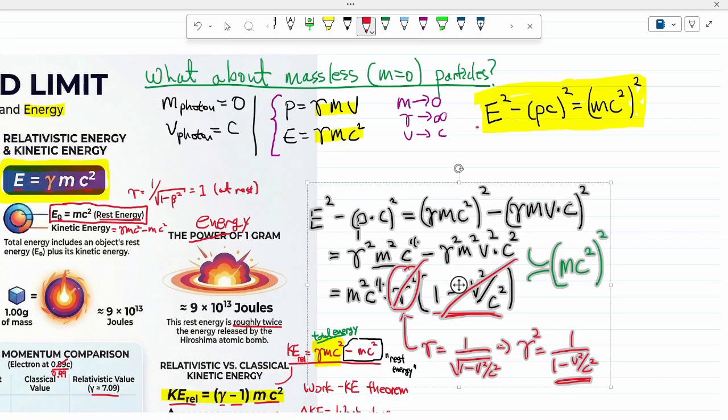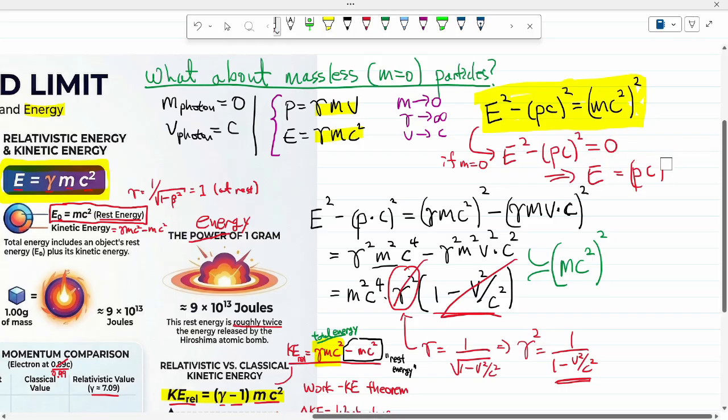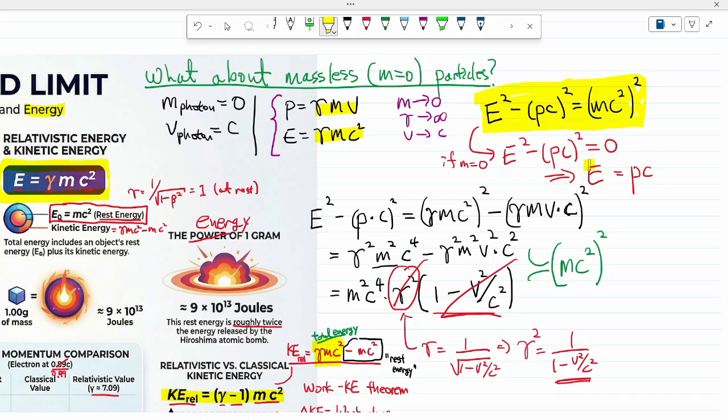On the other hand, suppose that m were 0. If m equals 0, then E squared minus (pc) squared is simply 0. There's nothing wrong with that. You might even simplify it a little and say E squared is equal to (pc) squared, or since you are scaling both sides, you could even get rid of those squares. Say E is equal to pc. And this expression holds for massless particles.